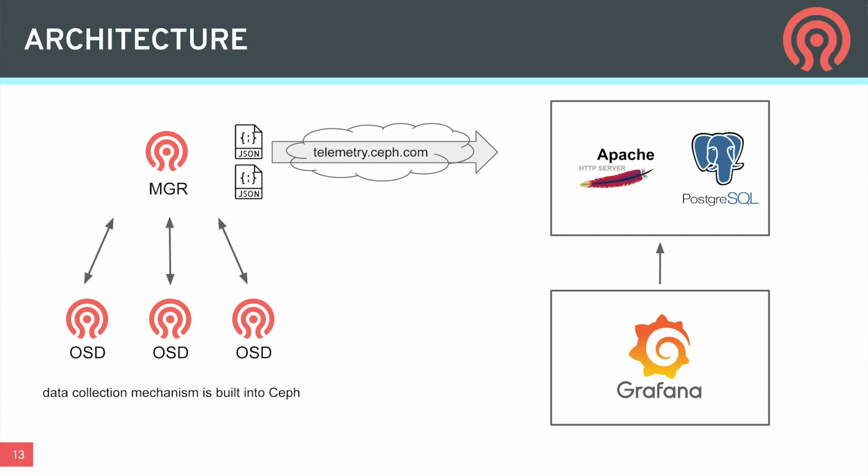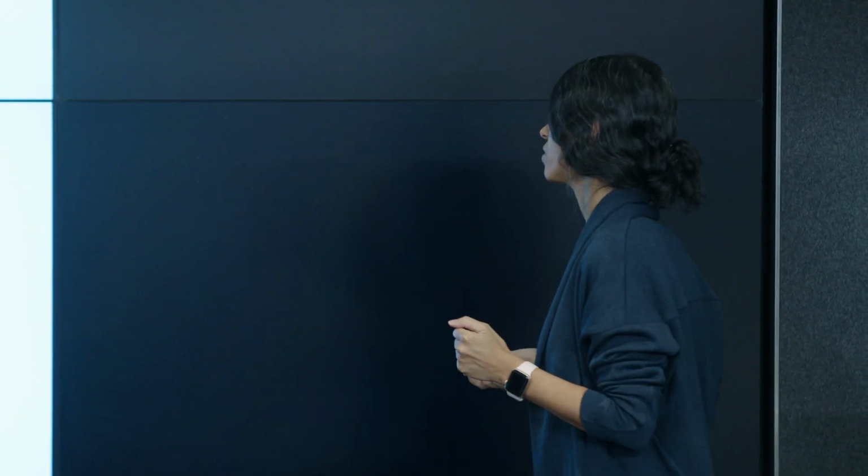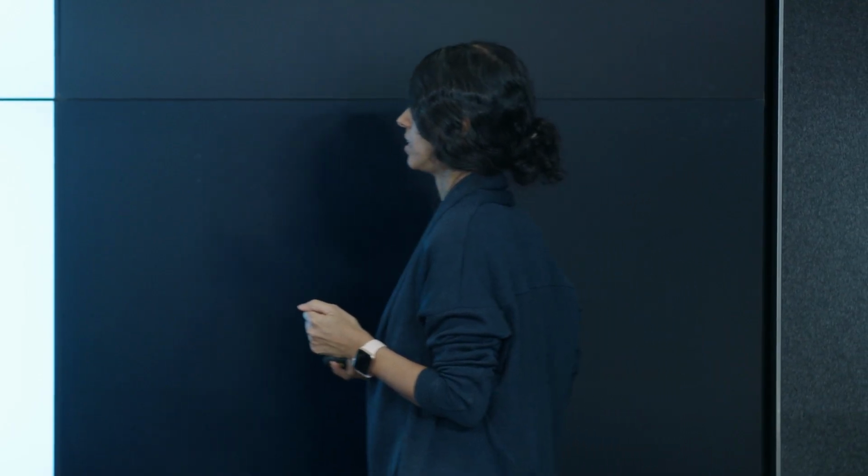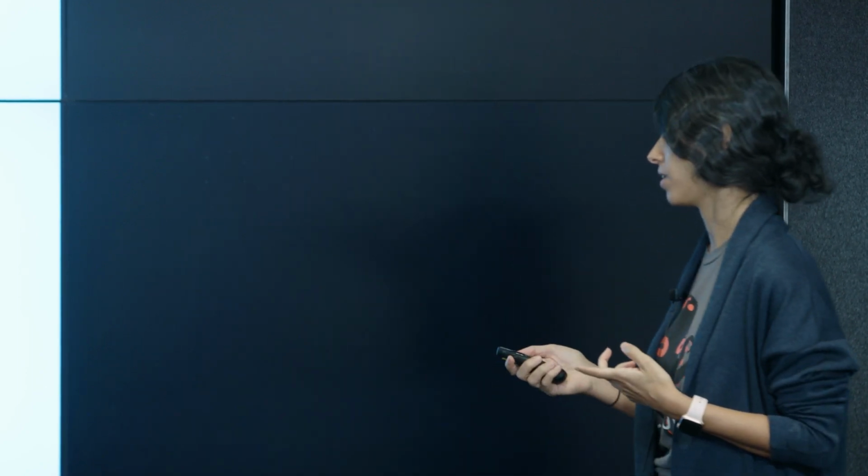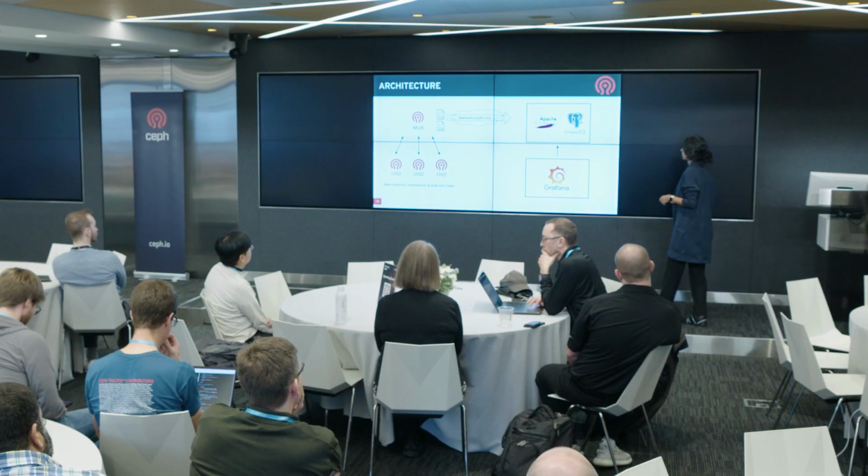Then it compiles the reports, one report for the cluster and the other reports for the device health metrics, and sends them home to our backend, telemetry.ceph.com, where we have an Apache server and a PostgreSQL database, and a couple of instances of Grafana, one for the public dashboard and one for the private dashboard.